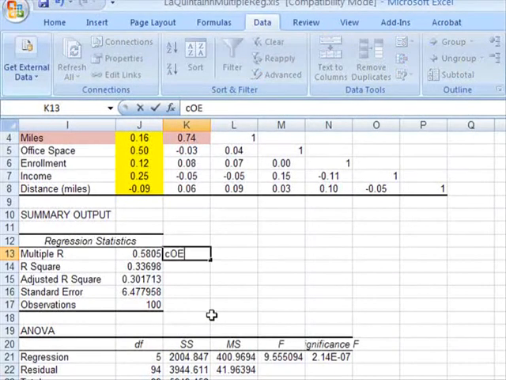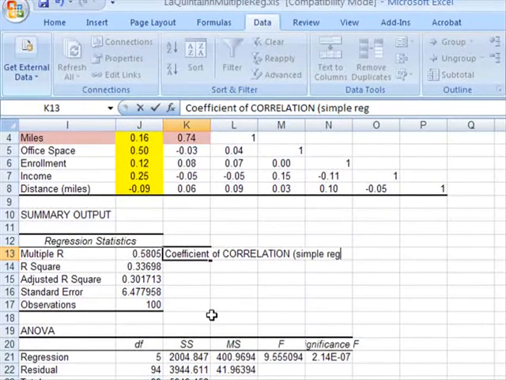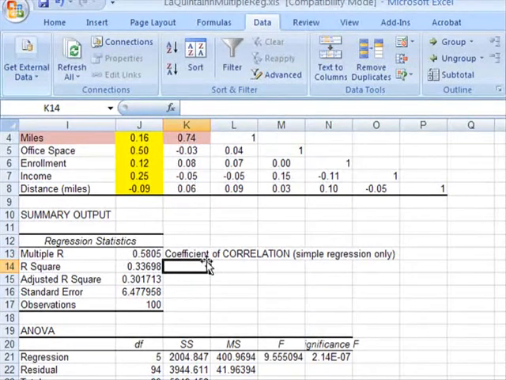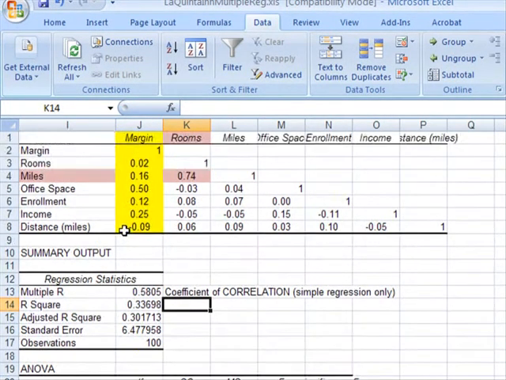Now this is the coefficient of correlation, but it applies for simple regression only. Make sure that when you have a multiple regression like the example we have here, we don't use that as my coefficient of correlation.